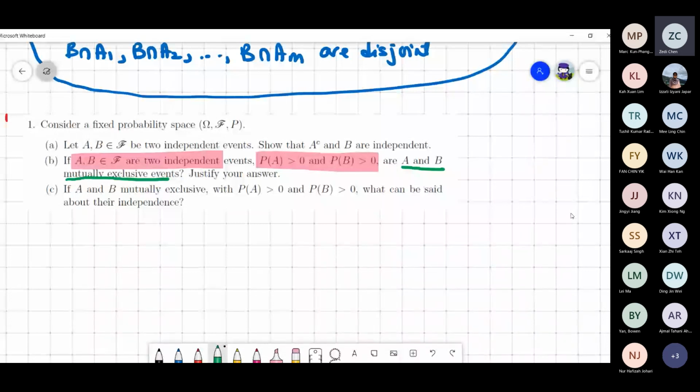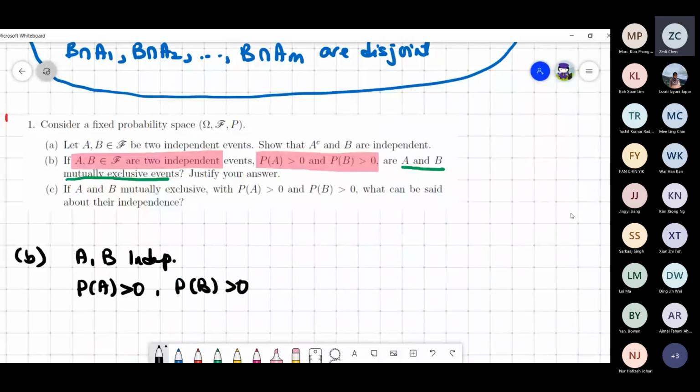So we have two hypotheses. First of all, A and B are independent, together with P(A) greater than 0, P(B) greater than 0. Does that imply that these two are mutually exclusive, which means they are disjoint, or not? So yes or no.